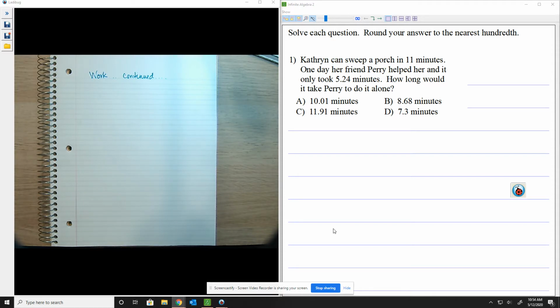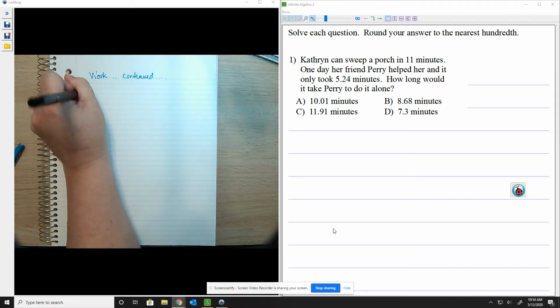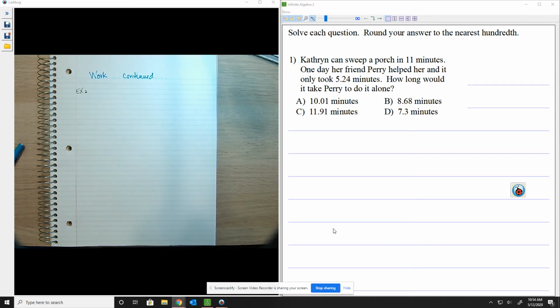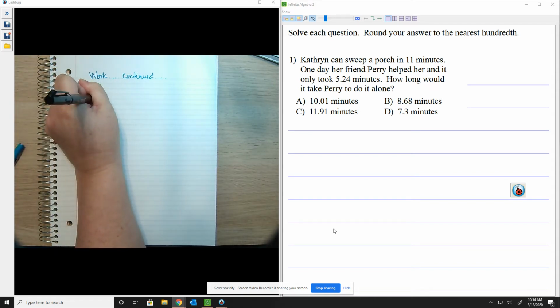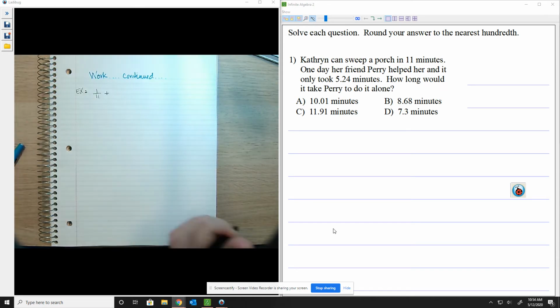All right. So, yesterday, we set up the problems as 1 over 11, because that's how long it took Catherine. They were working together. And then we took Perry, the time Perry would work, and we'd set it as 1 over whatever value they gave us. Well, this time they didn't tell us how fast Perry can work.